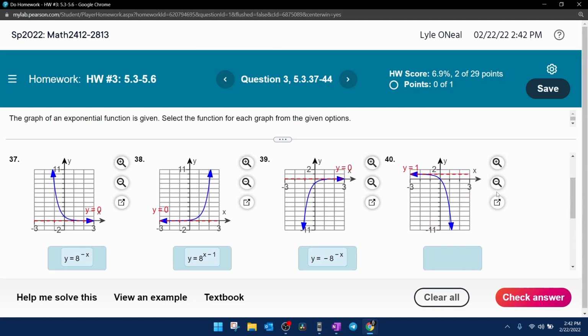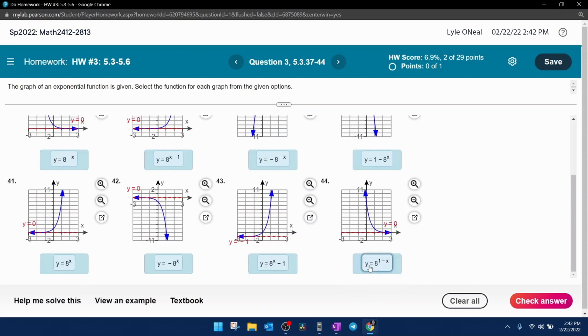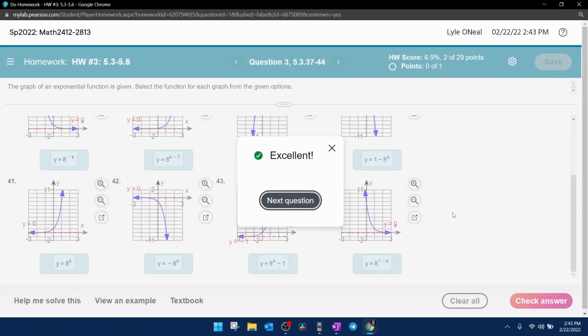And that looks a whole lot like number 40, where we're curving down to the right and the asymptote is shifted up from the x-axis. So this equation is going to have to go here, and by the process of elimination, our last equation has to go here. And that's going to do it for that particular problem.